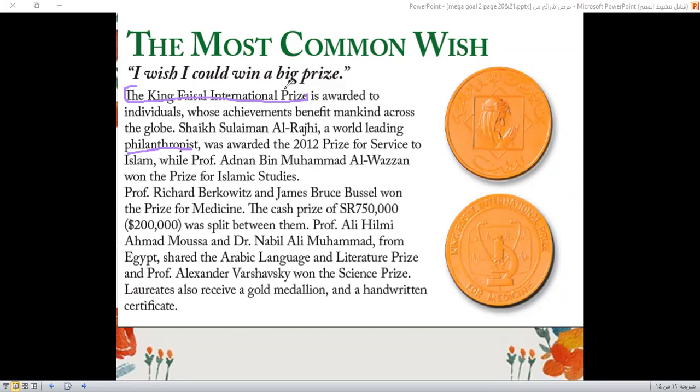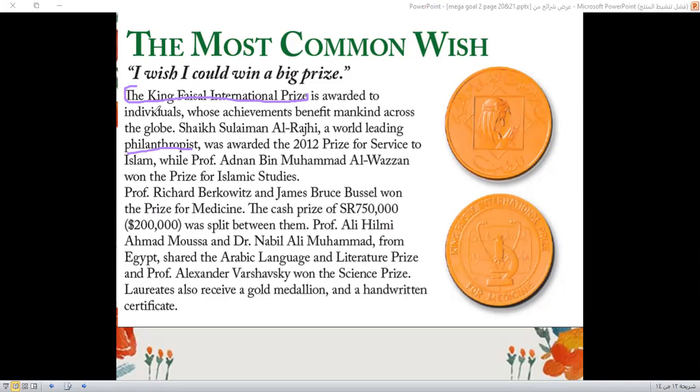The King Faisal International Prize is a very old prize that they give to individuals, not to companies. In this prize, they have many sections, whether about the Arabic language and literature, science, volunteer work, charity, or medicine.